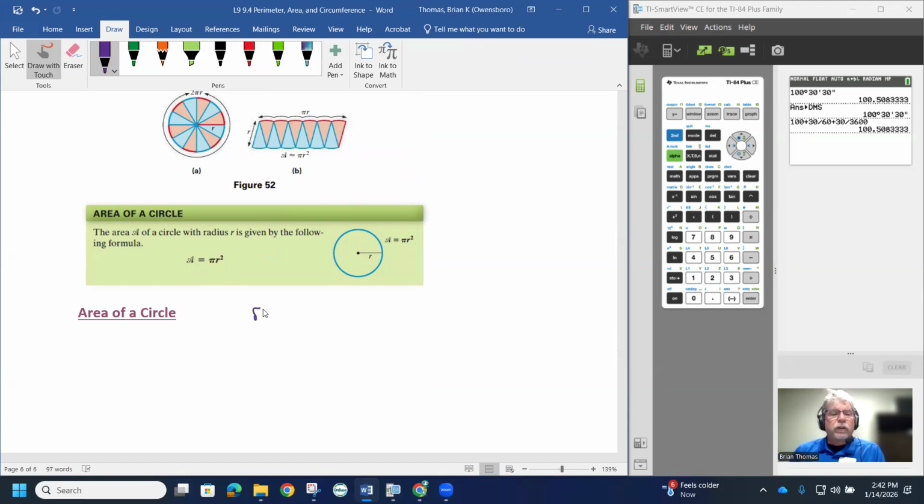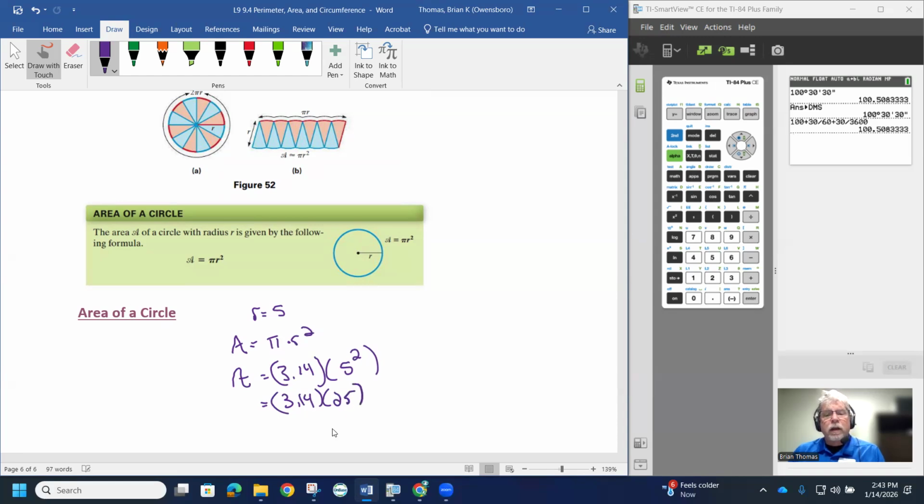So if I say the radius is, say, 5, what I can do then is say the area of a circle is going to be this pi times this radius squared. And we know that we can replace the pi with 3.14. I'm going to use parentheses for multiplication, and I'm going to replace this r with a 5, and I have this 5 squared. So basically what we have then is 3.14 times this 25.